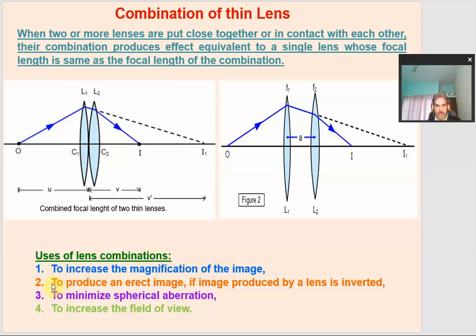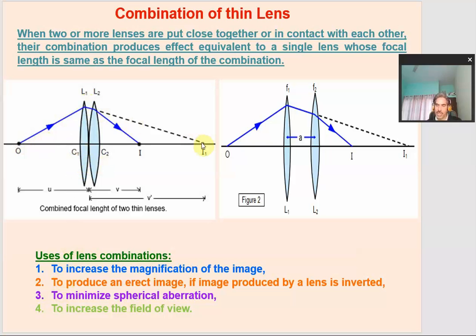Another use is that it produces an erect image if the final image produced by a single lens is inverted. Suppose a convex lens is there. In all cases except one, it forms an inverted image, which becomes difficult to visualize. If we want the image to be erect, we can use a combination of lenses, because the image formed by the first lens will be inverted.